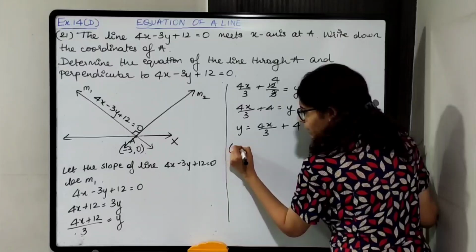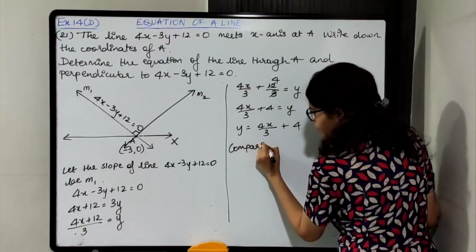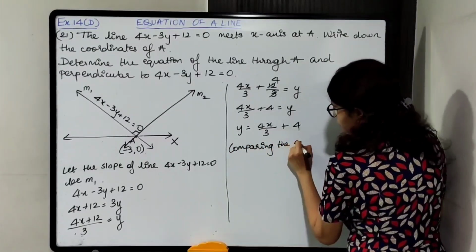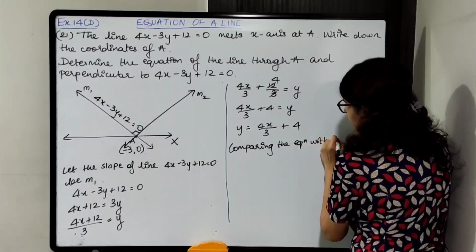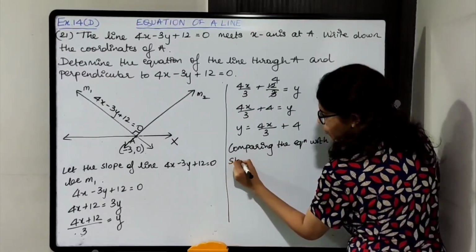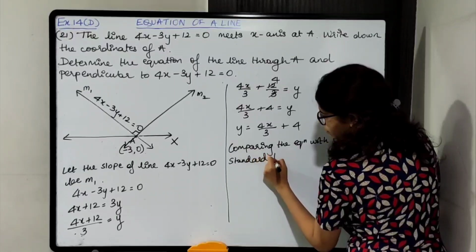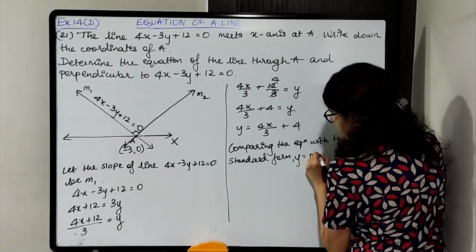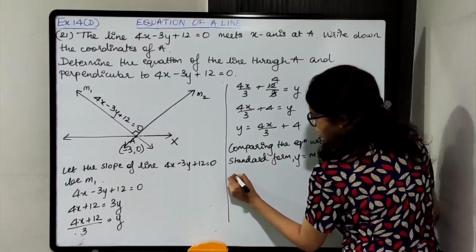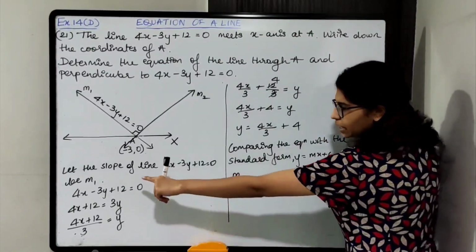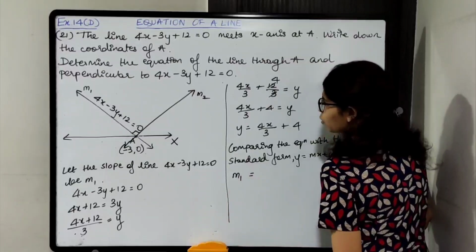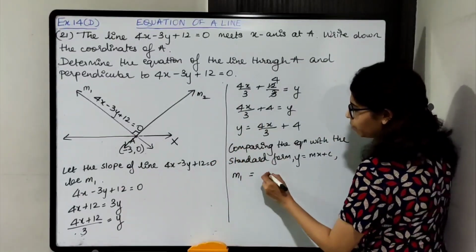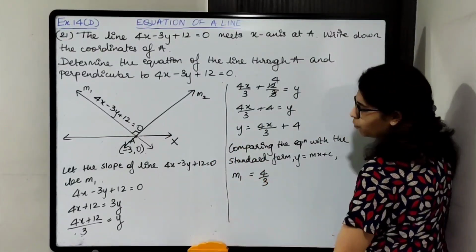So write down comparing the equation with the standard form. Y equals to mx plus c. M क्या मिल रहा है? We have taken m as m1 over here because there are two slopes involved over here. So m1 will be 4 by 3.